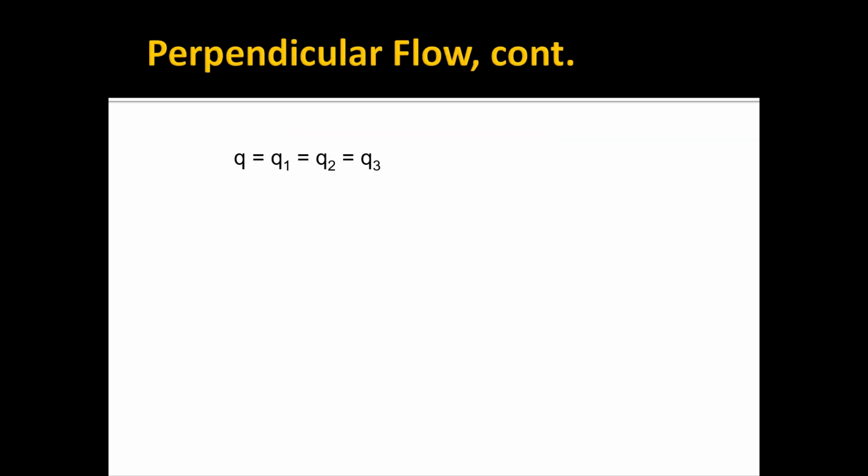With these assumptions in mind, we can say the total Q is equal to Q1 equals Q2 equals Q3, and therefore the Darcy velocities would be the same, and therefore we can just apply Darcy's law, V equals Ki, and that Ki value would be the same through each of the three layers.